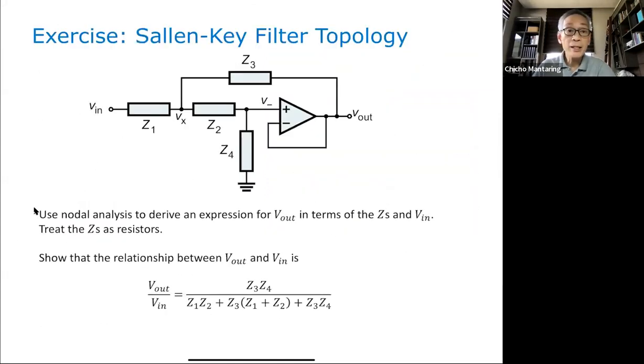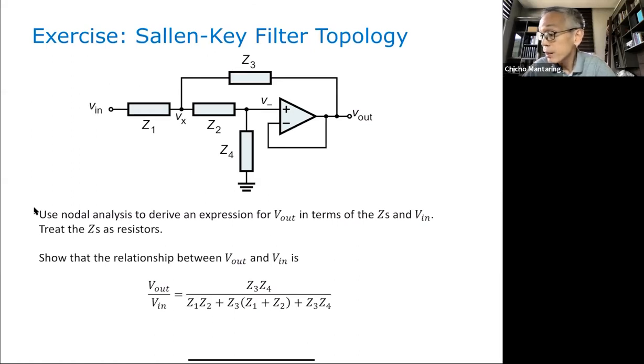Okay, this is an exercise. Try it out on your own. Instead of resistances, what I showed here are Z. Z stands for impedance. You're going to study what impedance means later on. Essentially, resistance is to DC as impedance is to AC.